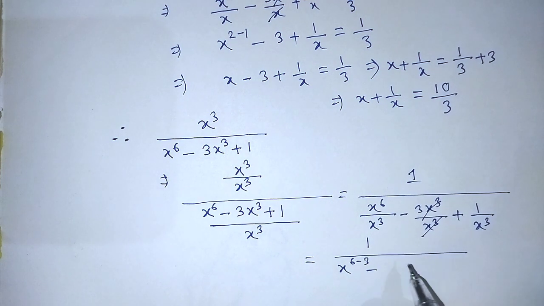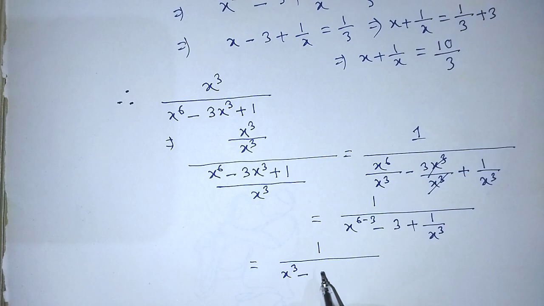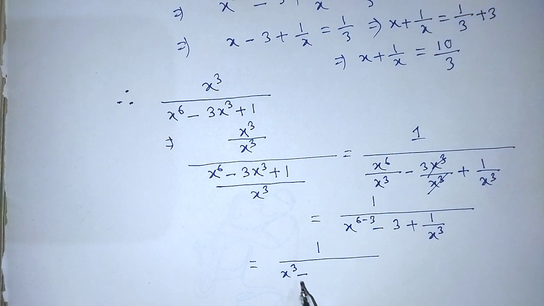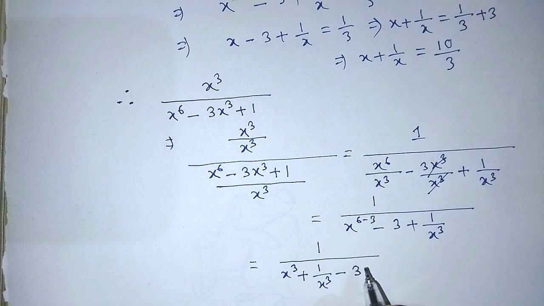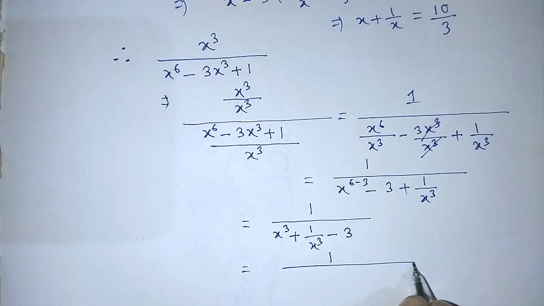So in the place of the second term we can write 3, plus again 1 over x to the power 3. We can write x to the power 3 plus 1 over x to the power 3, and in the place of the third term we write minus 3. After that again we write 1 over.